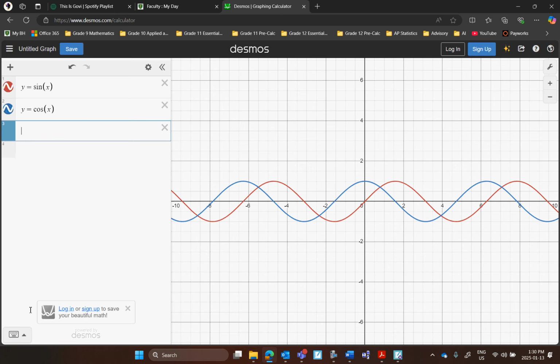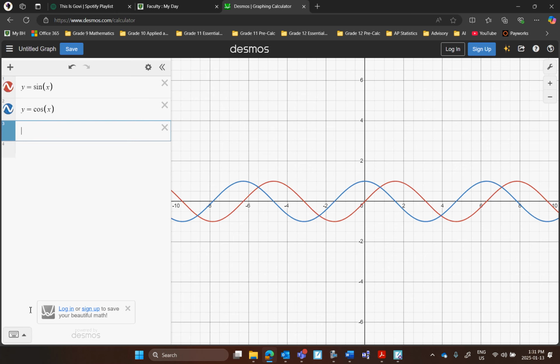These are called periodic functions because what they do is they repeat their pattern. So if you look at the sine one, the red one, let's look at where it starts at the origin.